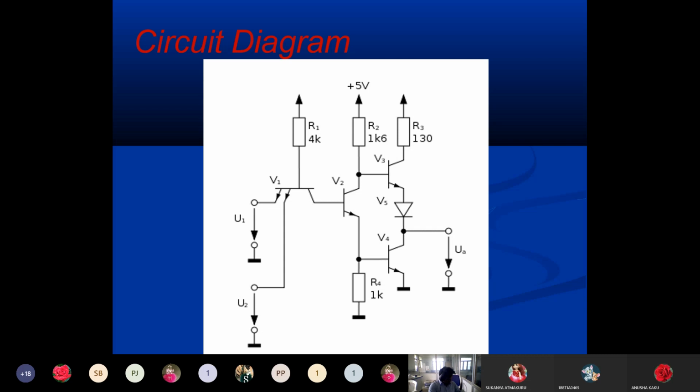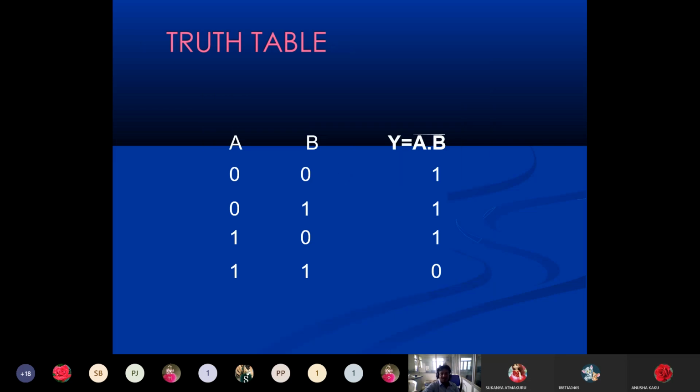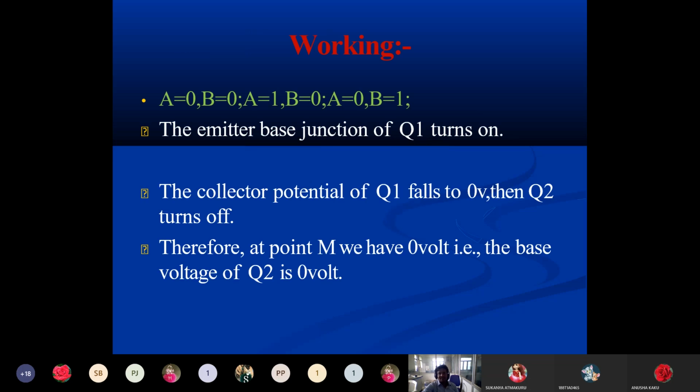So the totem pole TTL circuit is a 2 input single stage TTL NAND gate, a 74 series circuit. Here is the basic truth table for the NAND gate. Here A is equal to 0 and B is equal to 0, A equal to 1, B is equal to 0, and 0, 1.